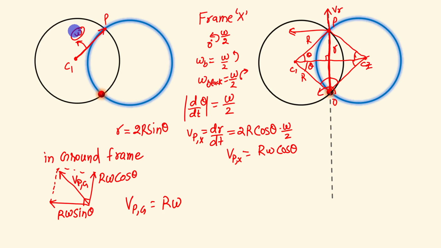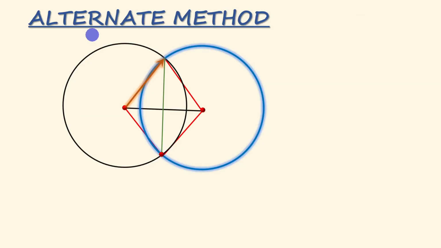So I'm going to do that particular problem using another method, using geometry only: how can we prove that the angular velocity of this ring is going to be equal to the angular velocity of this C1P line, or C1P radius vector. So let me come to another method. Let's say at any particular instant, I have taken a picture of the situation here: this is point O, this is point P, and these two centers are joined.